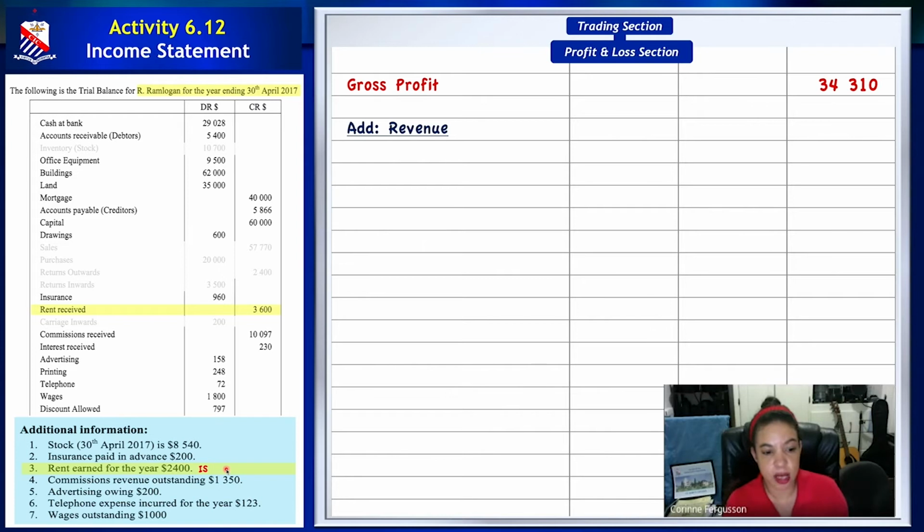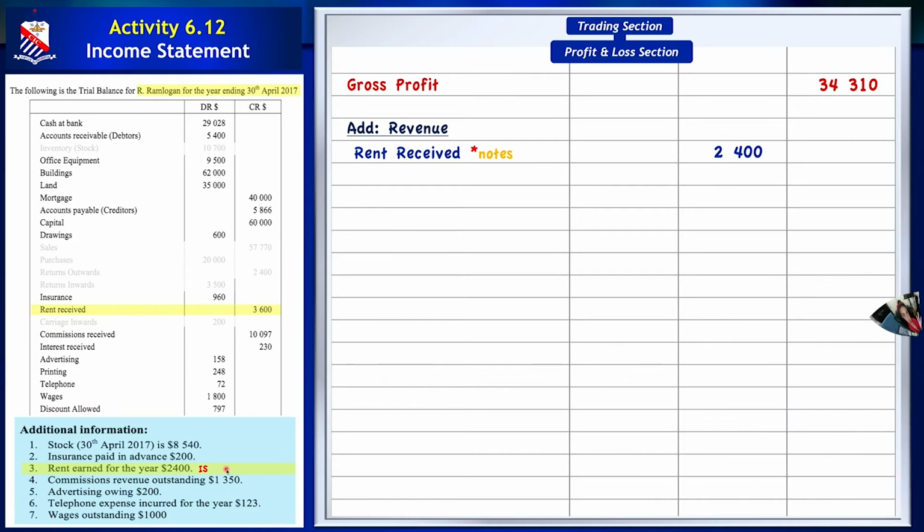Since they told you that the amount earned was $2,400, you're going to go under revenue, rent received, and the amount earned, $2,400. Now the reason why I'm putting it in the middle column is because we have three. We've just dealt with the rent received.